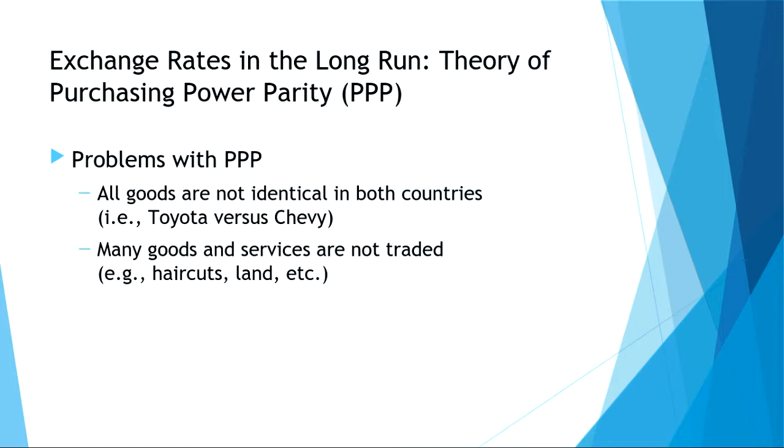Also, many goods and services are not traded, like land. You cannot trade the land. Yes, rent in Azerbaijan is cheaper than rent in New York, but you cannot trade this. Or some services, you cannot trade the services.